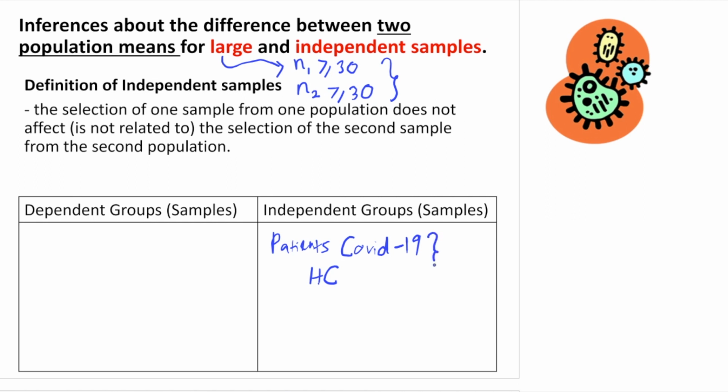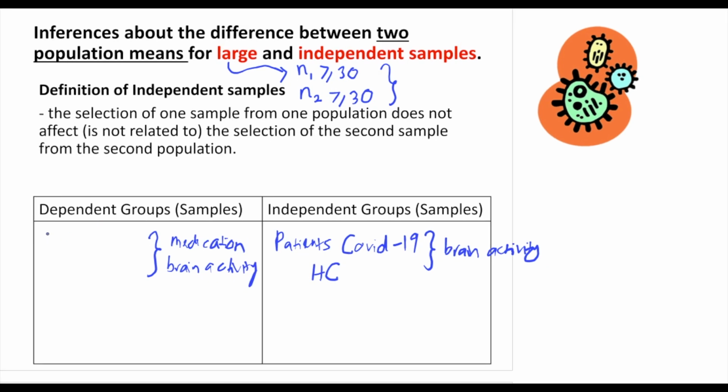So I'm interested here in the brain activity. Now consider another example where I would like to investigate the effect of medication on brain activity of patients with COVID, before taking the medication and after taking the medication.